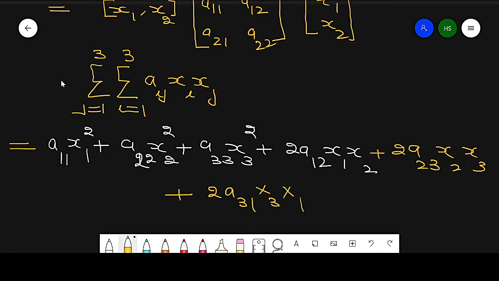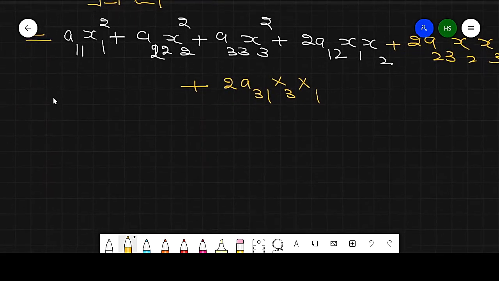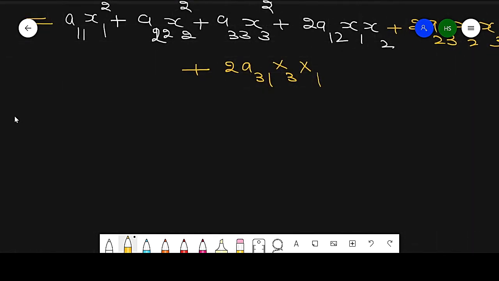So this is an example of order 3. So here the variables are 3.